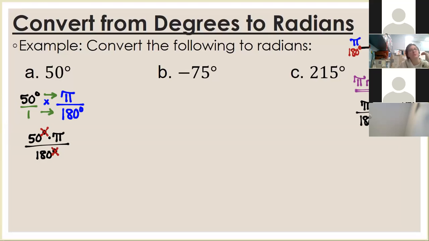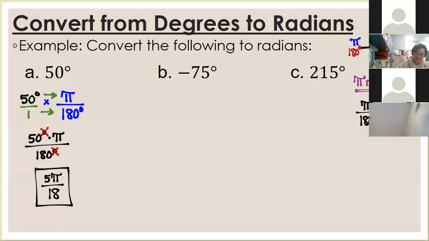And now all I need to do is reduce the 50 over 180. What do you notice will go into both 50 and 180? Ten goes into both of them. So I'm going to reduce top and bottom by 10, and I'm going to get 5 pi over 18.